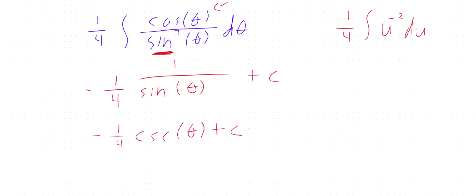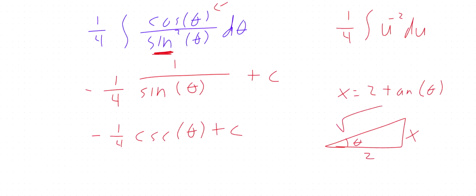But of course, we do not want things to be in terms of theta. We want things to get back to x's. So remembering our initial setup, our x was equal to 2 tangent of theta. So there's our theta. Tangent is x over 2, and we have the Pythagorean theorem.